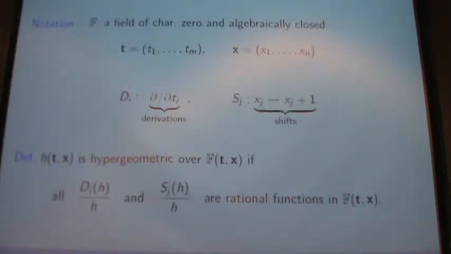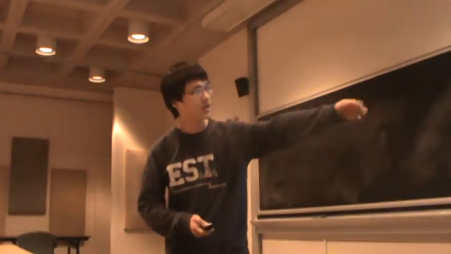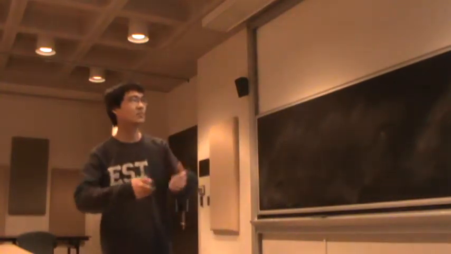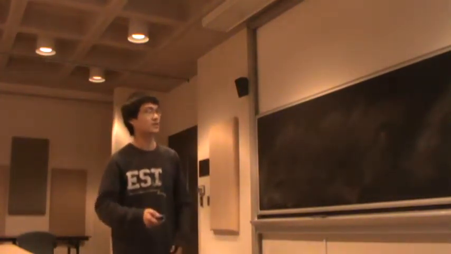Then we say this is a hypergeometric function. Here I denote by D_i and S_j the derivations and the shifts respectively. In fact, the reason we are interested in this class of functions is that you can represent them by rational functions, and then you can manipulate these functions on a computer.